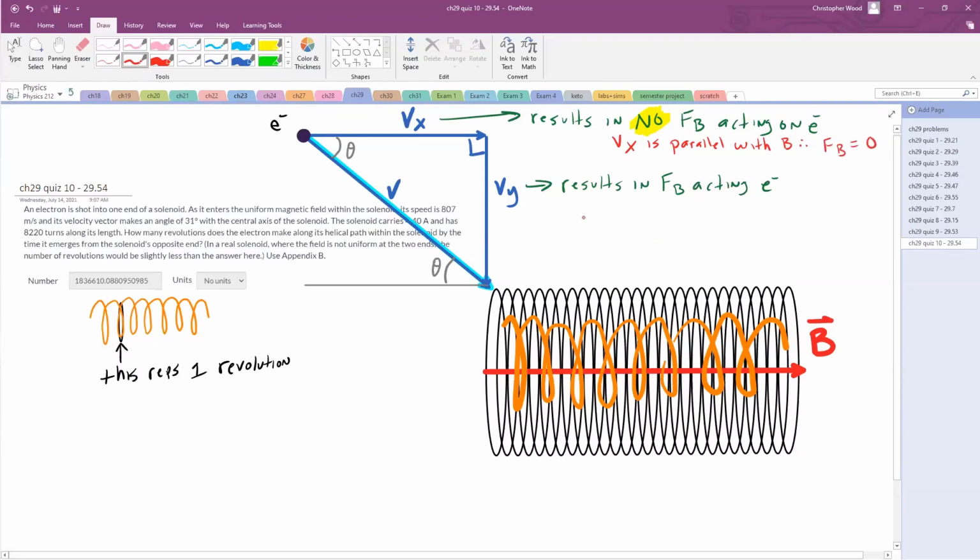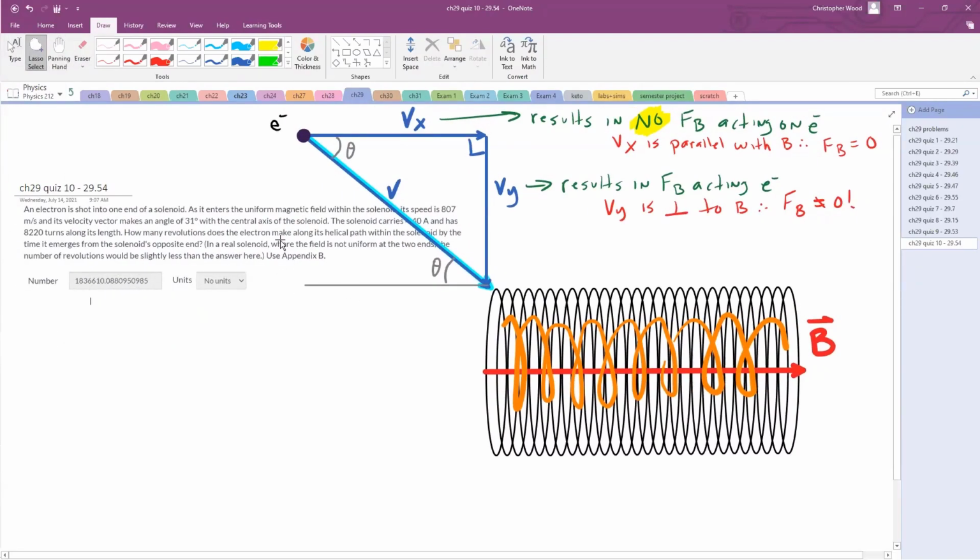And then I could say here, Vy, check this out. Vy is perpendicular to B. So Vy is perpendicular to B. Therefore, there's going to be F sub B does not equal 0. All right, so let's go ahead and once again start with centripetal force considerations. We have to find the dollar sign somewhere.